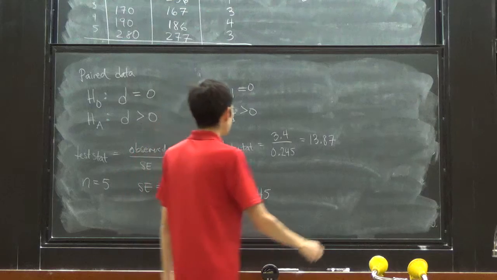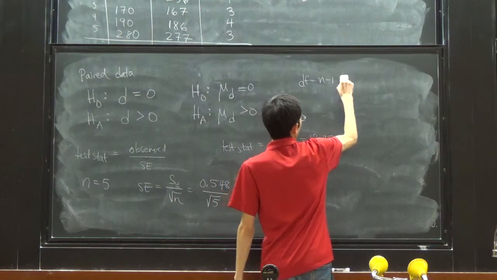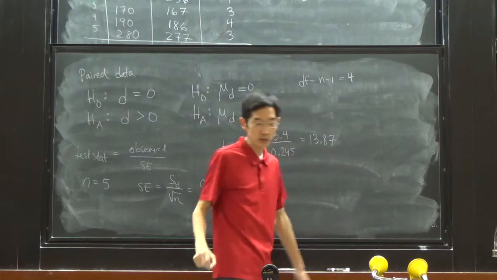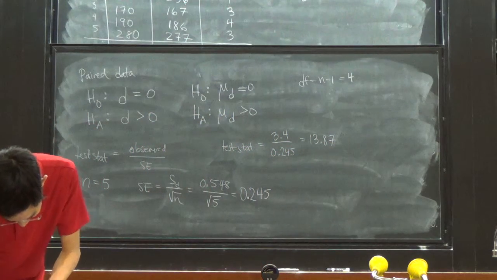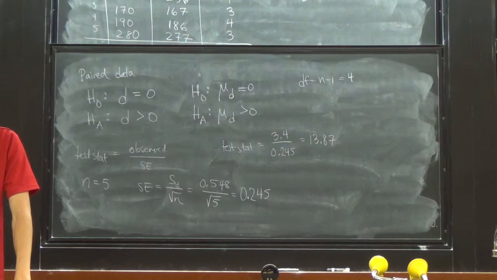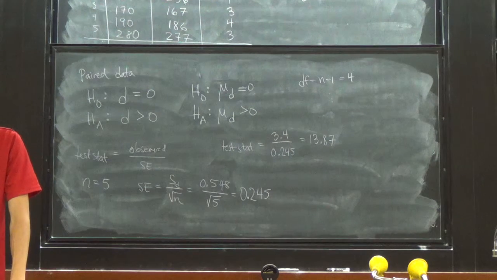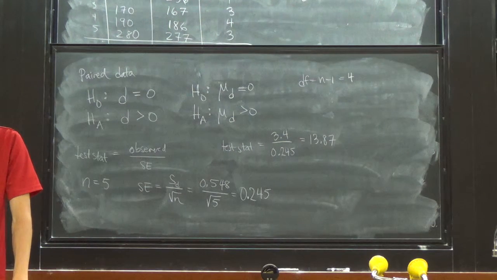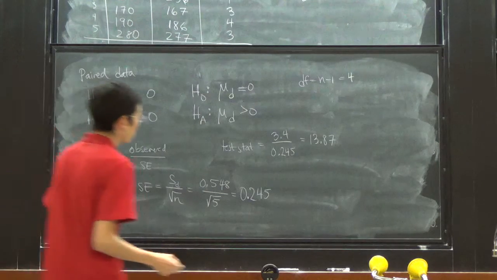I would have degrees of freedom equal to n minus 1. So 4 degrees of freedom. I go to the row for 4 degrees of freedom. And what do I see? That my test statistic is beyond that last number there. So I know my tail area is what? Really small. It's less than 0.0005.